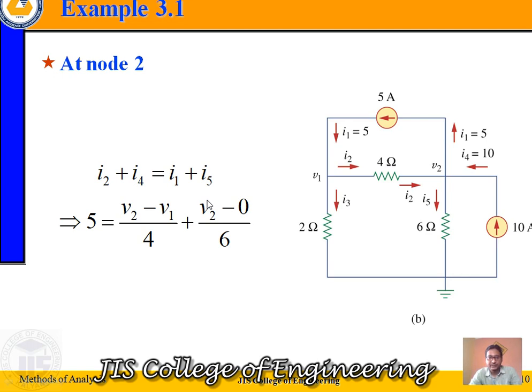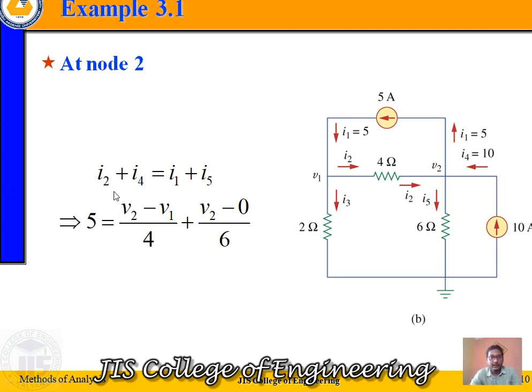Now we put in the values of I2, I1 and I4. I4 is on the left side, and I1 is on the right side. I1 has a value of 5 and I4 has a value of 10, so if we take I1 to the left side, it will be 10 minus 5, which is equal to 5.